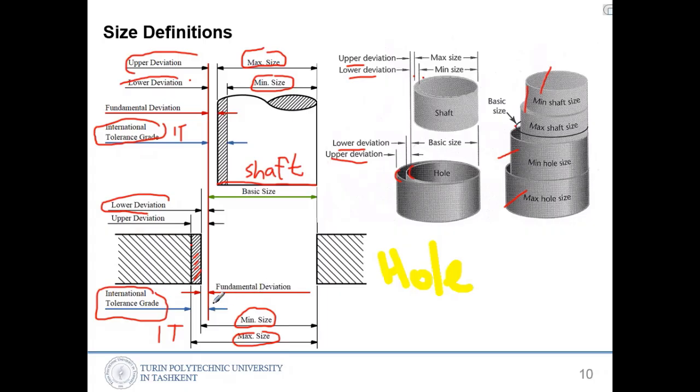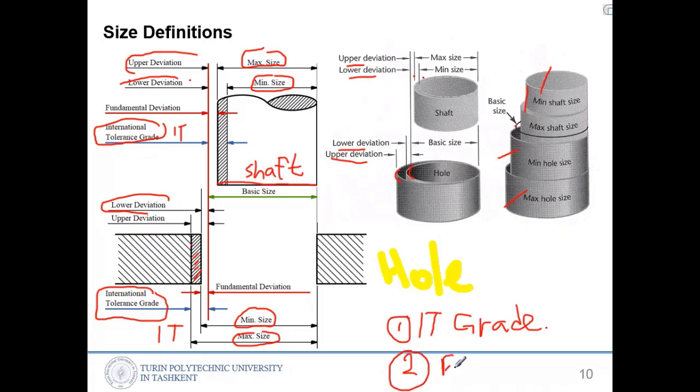There are two things you need to understand. The first is the international tolerance grade, which we call the IT grade. The second is the fundamental deviation.